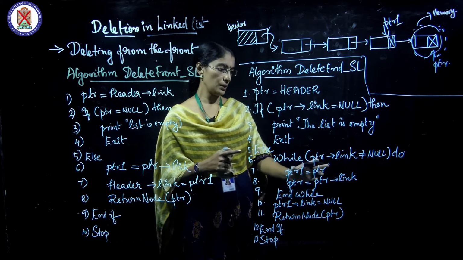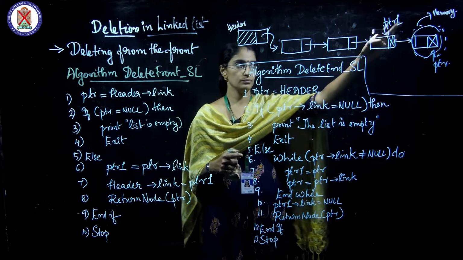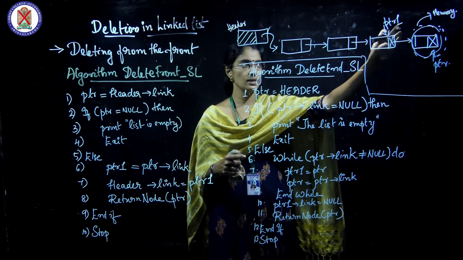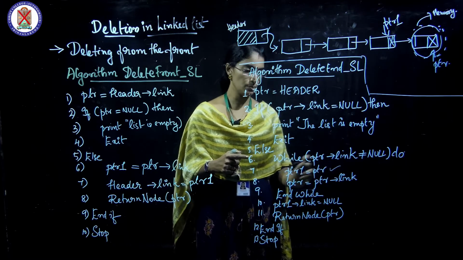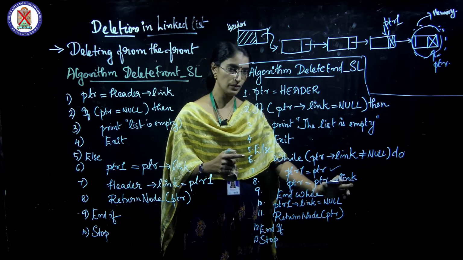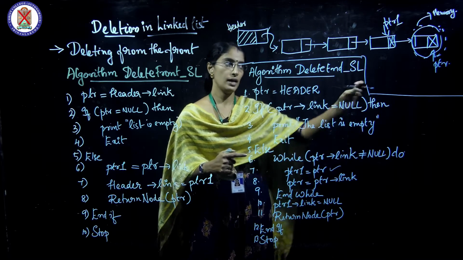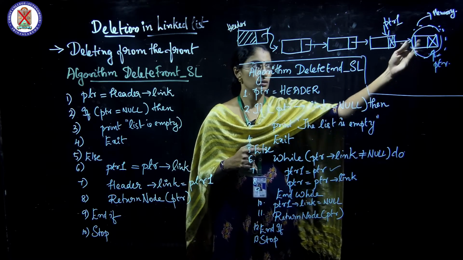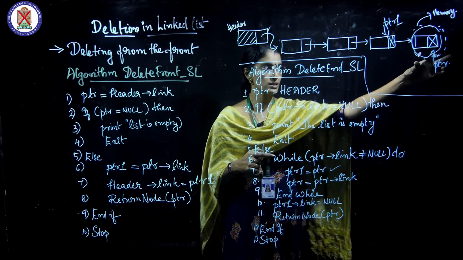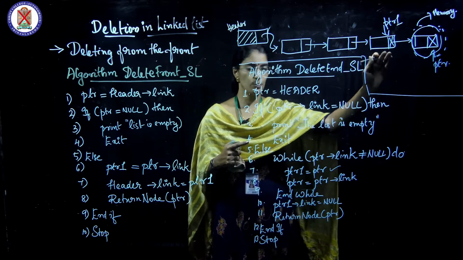So repeating, while going forward, you have to keep track of the previous node, and that is done with the help of the statement PTR1 equal to PTR, and then you increment PTR equal to PTR of link. Now PTR will be pointing to the next node, and at last when you reach the last node of the linked list, the last node will be referred to as PTR and the previous node will be referred to as PTR1.